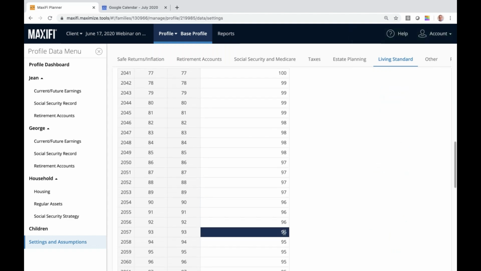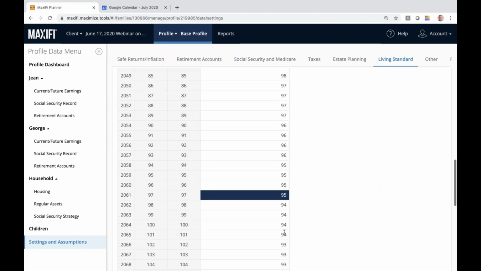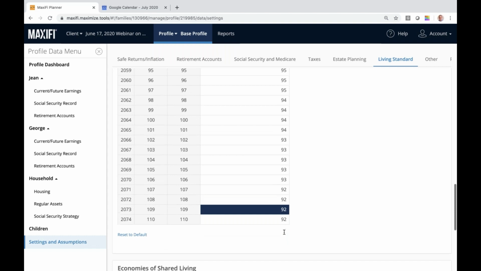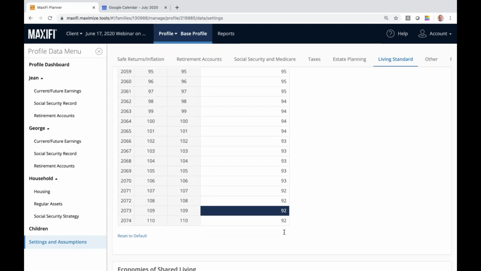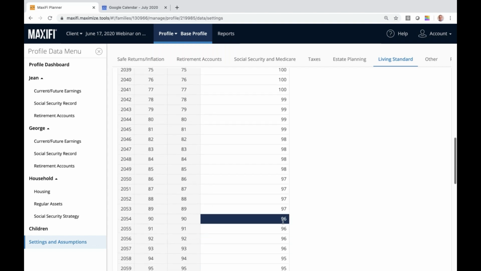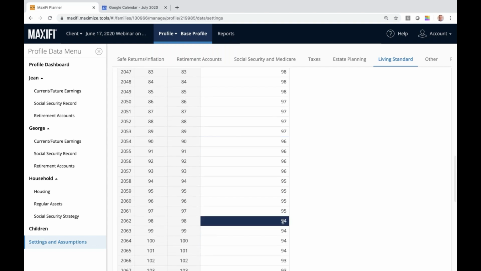The index is declining, and there are decimal places here, you just can't see them, so that your living standard by the end, in this case, the maximum age of life is 100, goes from 100 down to basically 94, that index. So that's like a 6% reduction.